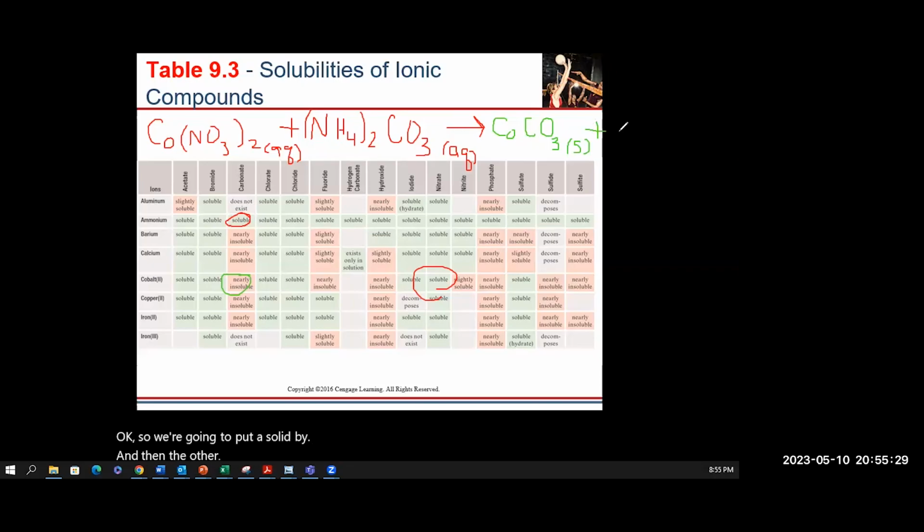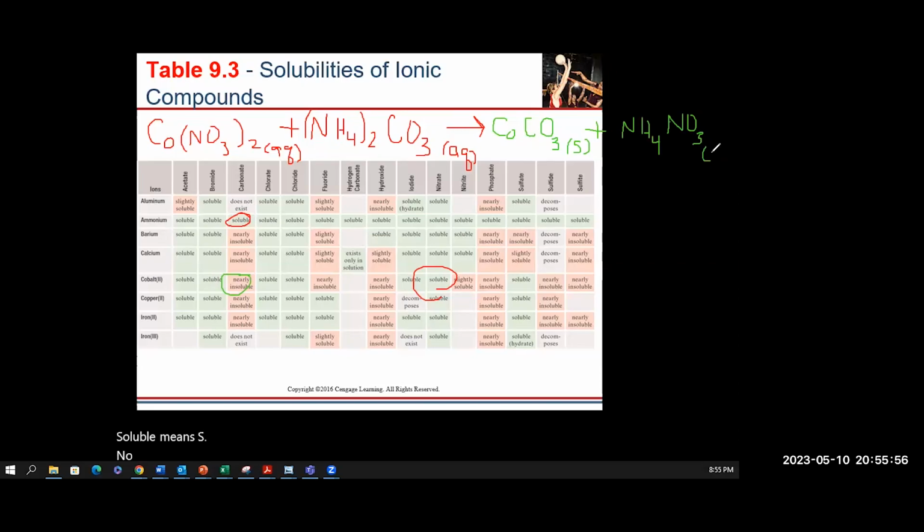And then the other one, ammonium nitrate. If we go across to ammonium nitrate, is that going to be aqueous or is it going to be a solid? Soluble. Okay, soluble means aqueous.